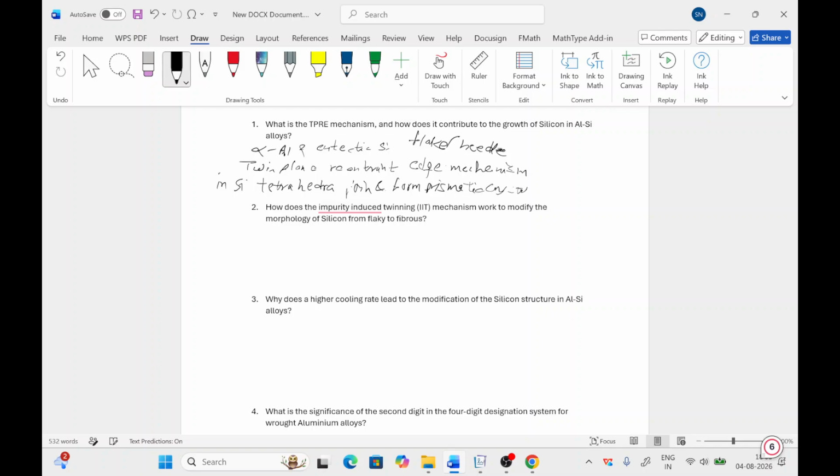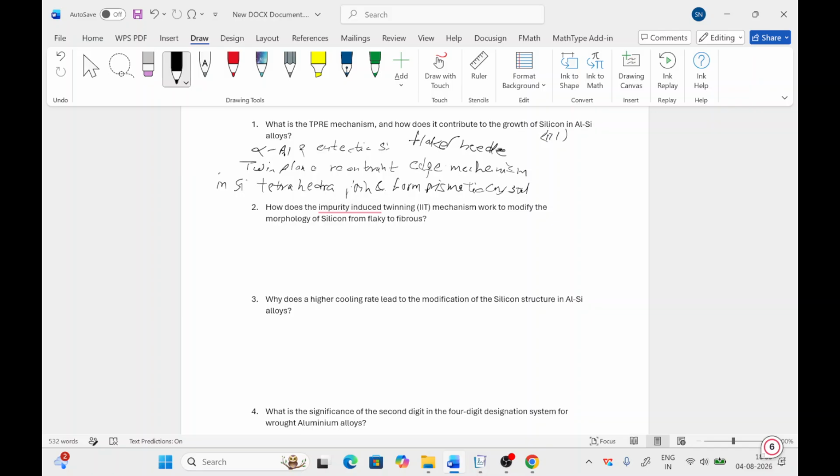Okay, so the plane where these two tetrahedra join is the 111 plane, which is the favorable plane for this twin plane for these silicon particles.